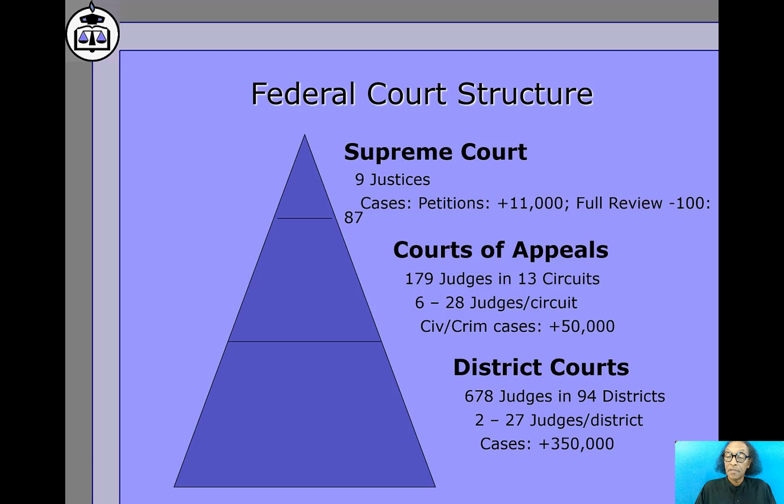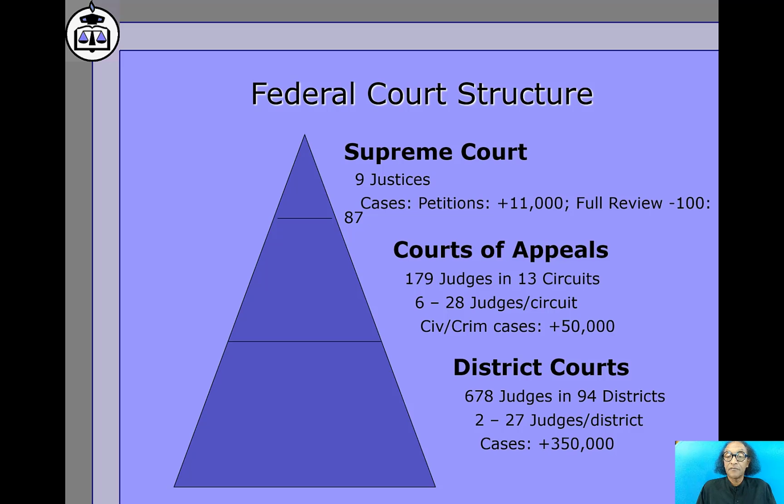And the Supreme Court gives full review in less than 100 cases. That means they will review the case and issue a written opinion. So you can see the probability of getting your case to the Supreme Court in any given year is almost next to nothing. That's because the court exercises what's called discretionary review by granting petitions.